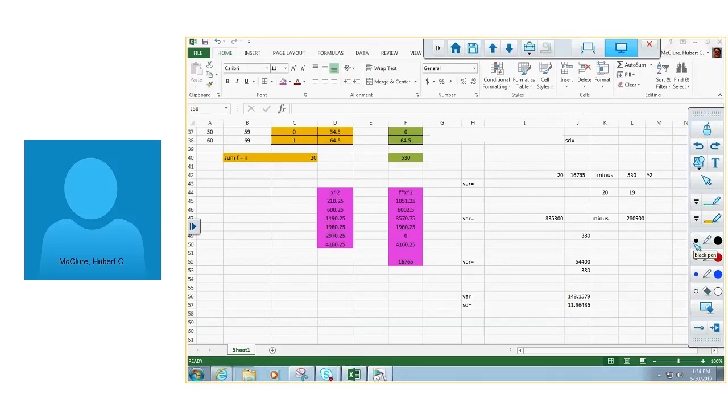Since I've got somewhere to draw on this one, the mean is 27, the standard deviation is 12, so that means you're going to have what, 39 here? 39 plus 12 is what? 51? Y'all check me, I have no idea if that's right. 27 minus 12 is what? 15? 15 minus 12 is what? 3? Y'all check my math.